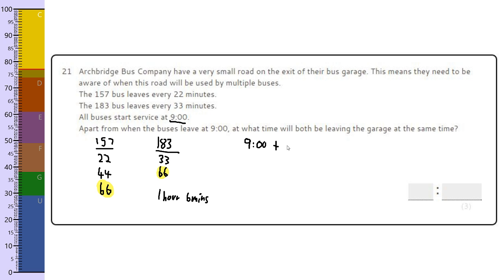And we know that they will be together in 1 hour, 6 minutes. 9 o'clock plus an hour would be 10 o'clock, plus 6 minutes would be 10:06. That's when they'll both be released at the same time again.